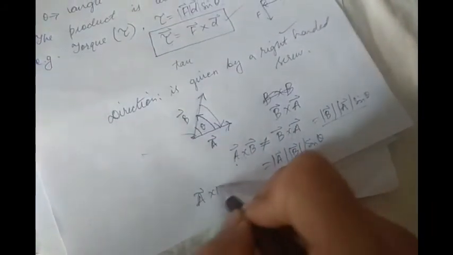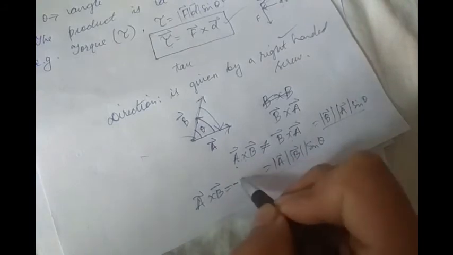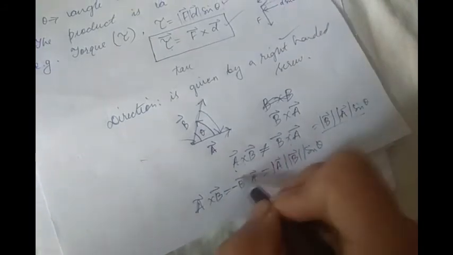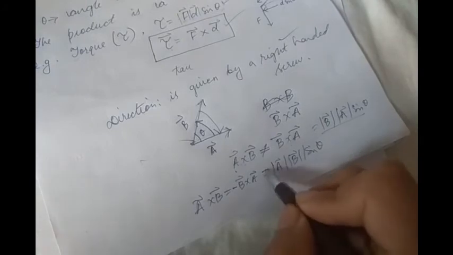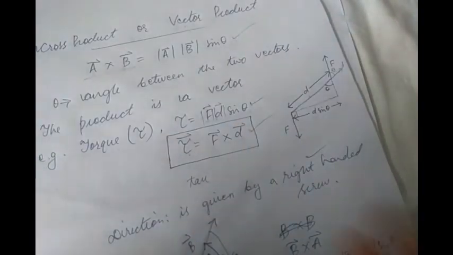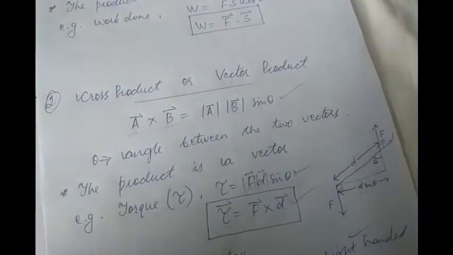Only their magnitudes are the same, but these two are not the same vectors because they have opposite directions. What we can rather write is A cross B is minus of B cross A. They are negative vectors, because they have the same magnitude but different directions. So this is about the magnitude and direction of A cross B, and this is how we find the cross product or the vector product of two vectors.